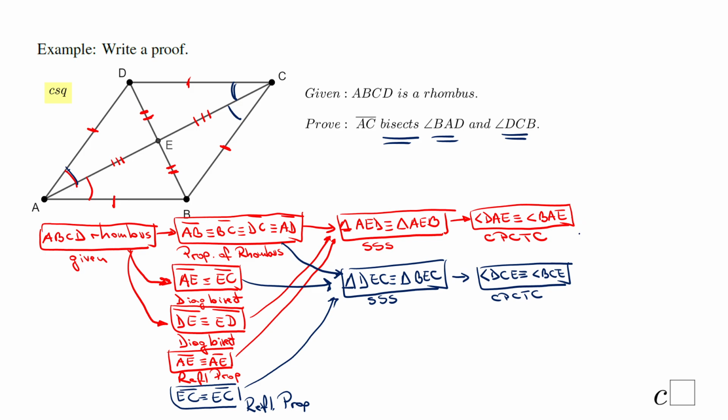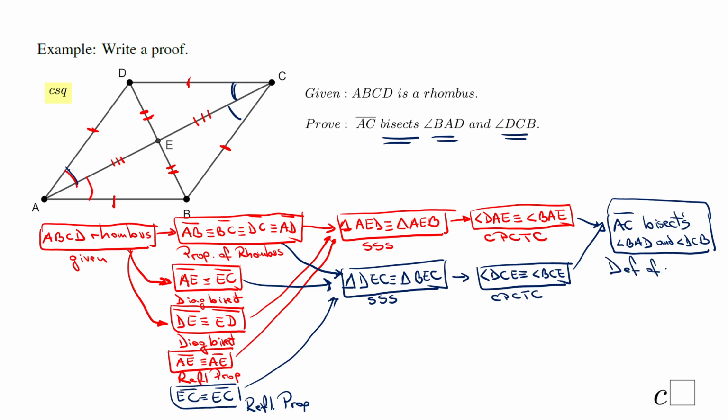By having these two statements, we can say yes, AC bisects angle BAD and angle DCB. And what will be the reason for this statement? Definition of angle bisector.